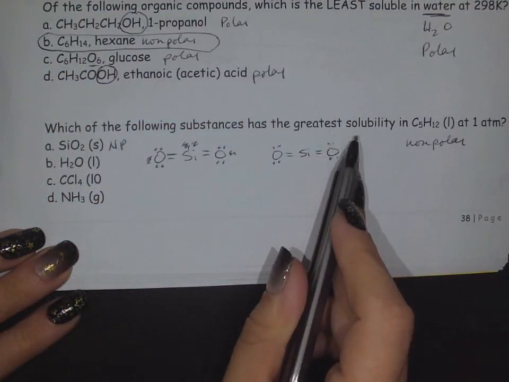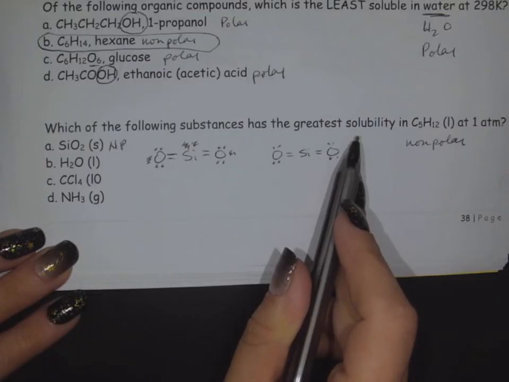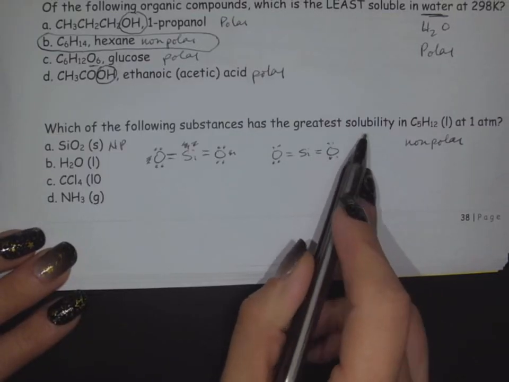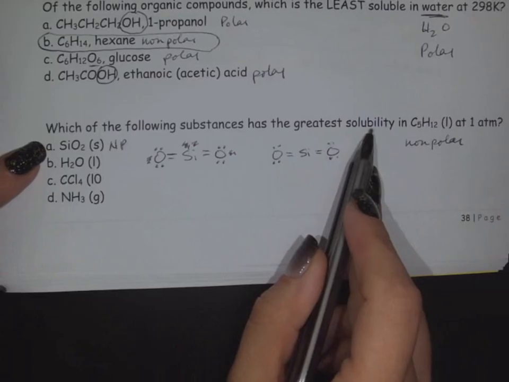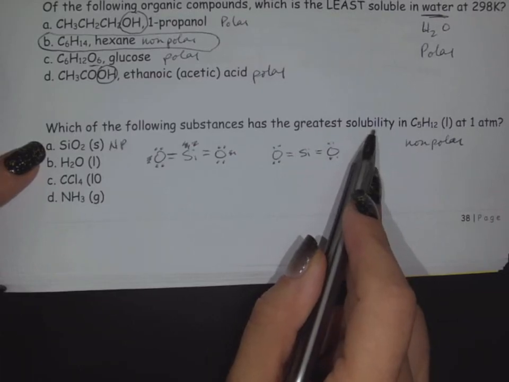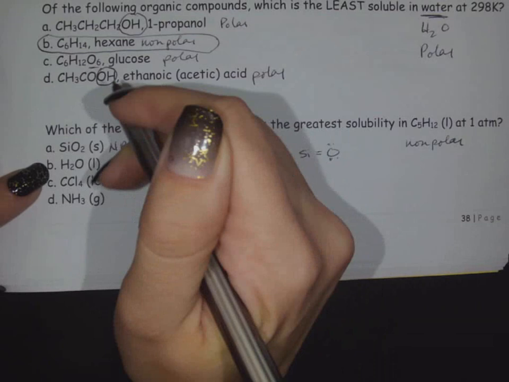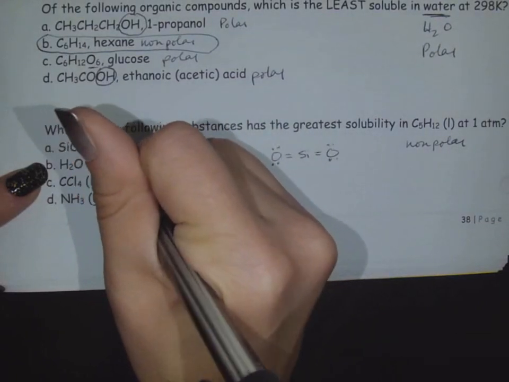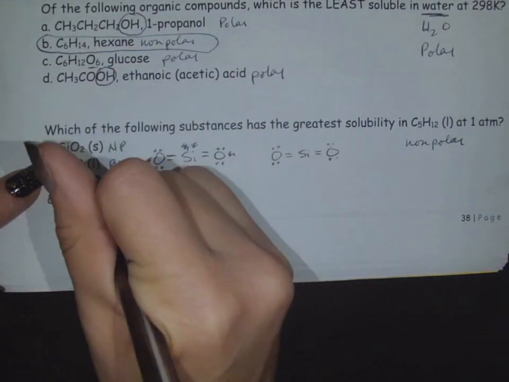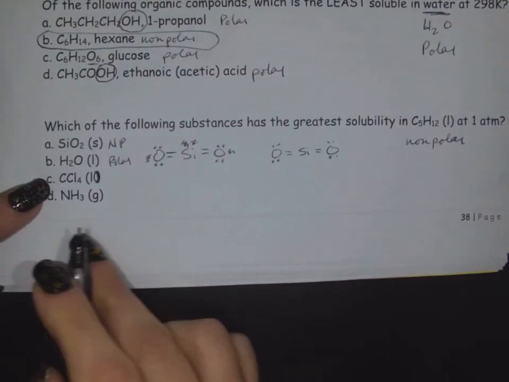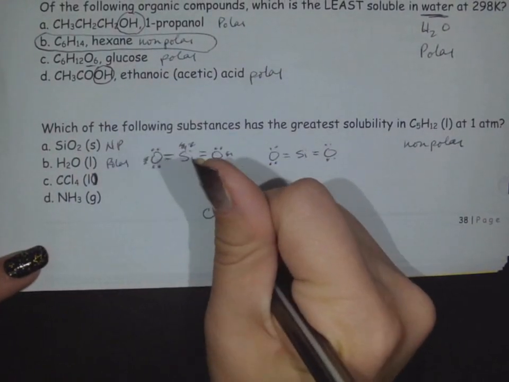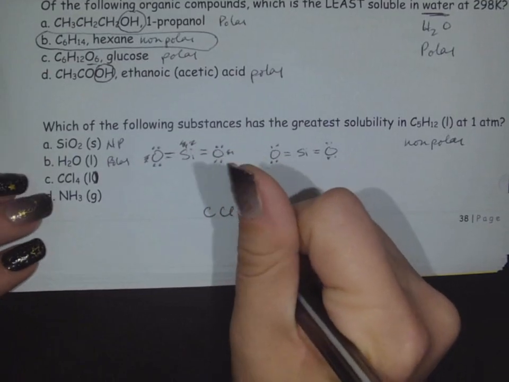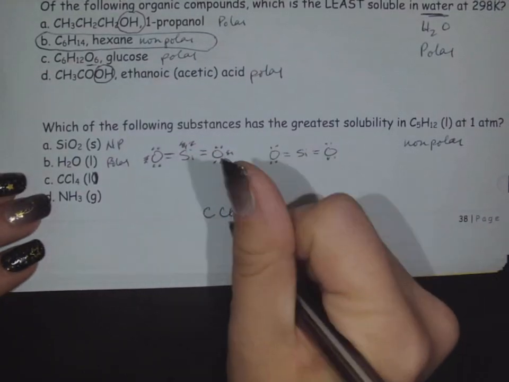Greatest solubility. Okay. So let's think about that. Greatest solubility, and this one's nonpolar. So maybe that could be a potential answer. Water, we already know is polar. This was supposed to be a parentheses right there. CCl4 is also nonpolar, though. CCl4, okay?